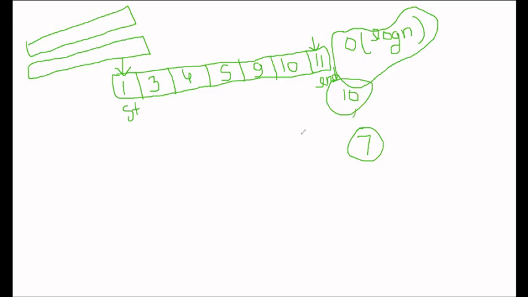So when our searching algorithm starts, from start to end, it will calculate the mid value. So start is at index 0, 1, 2, 3, 4, 5, and this is index 6. Okay, let me calculate the mid value. What will be the mid value?